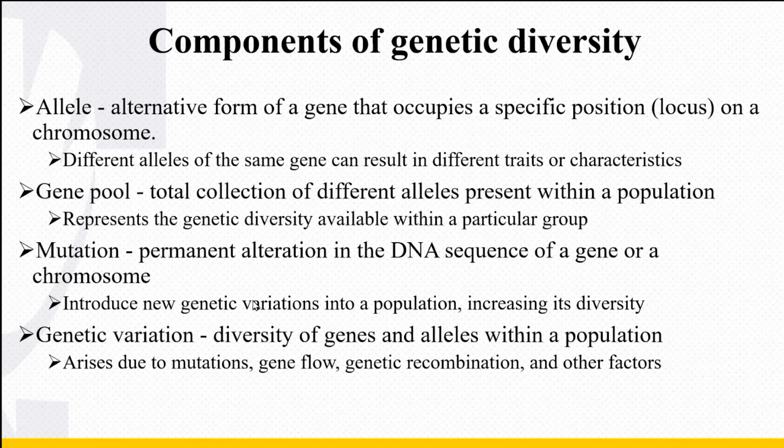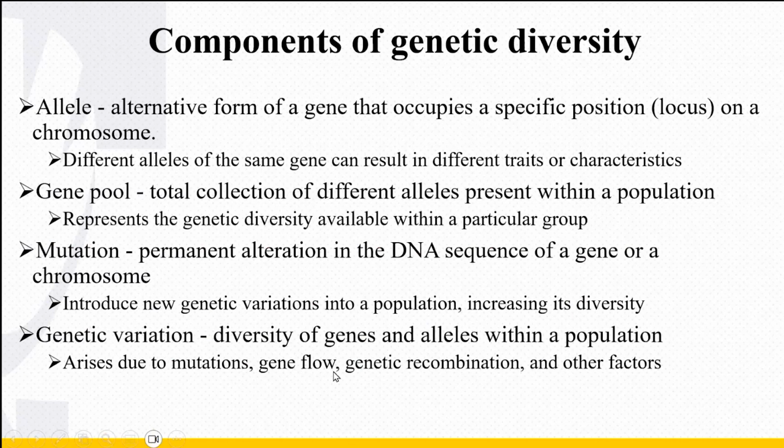Genetic variation is just the diversity of those genes and alleles. So you can see that these alleles are part of this gene pool as a collective whole. We have mutations of those alleles that give us this genetic variation.